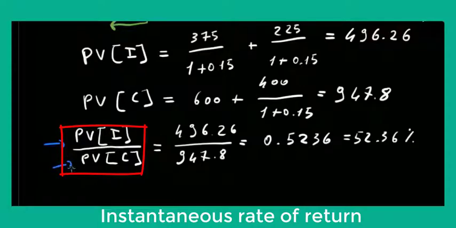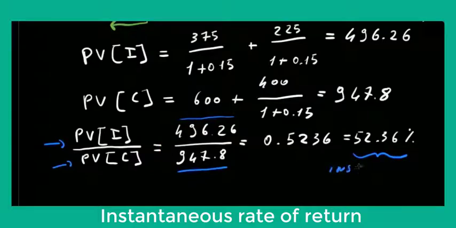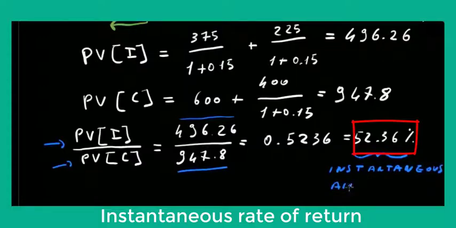So it is as if the investor invested 947.8 at time 0 and received at time 0 496.26. So this is an instantaneous AIRR.